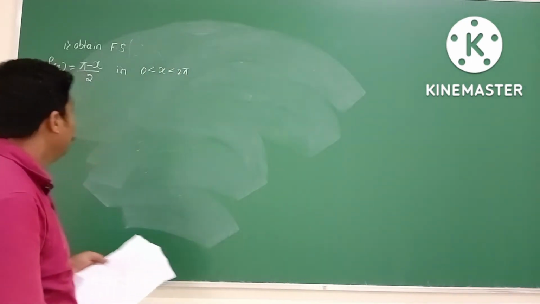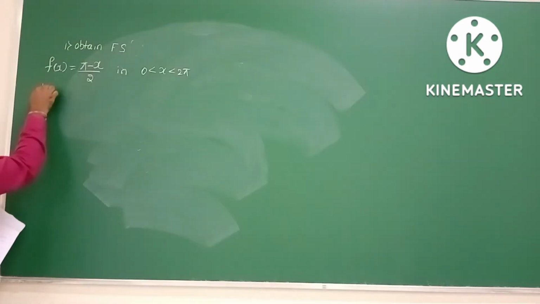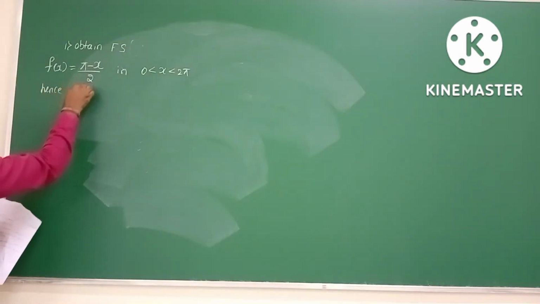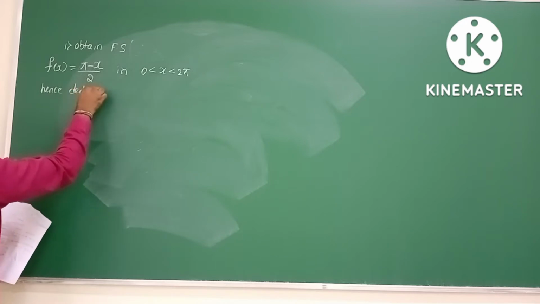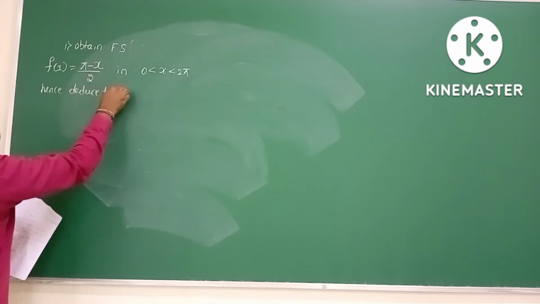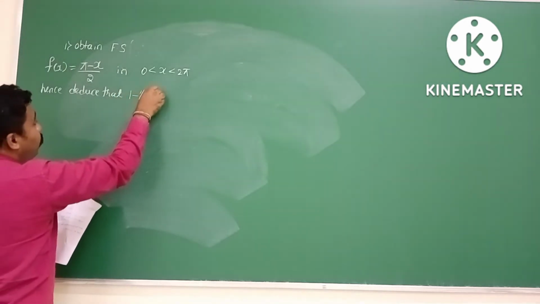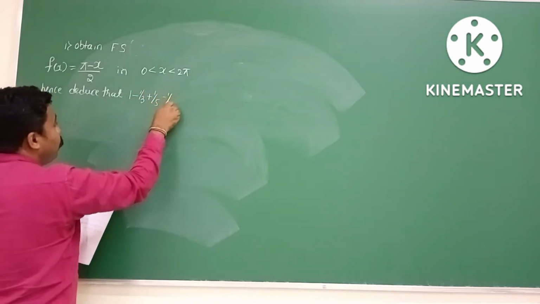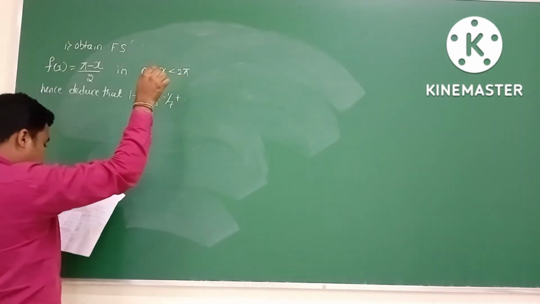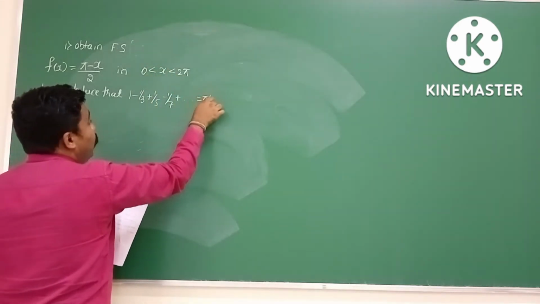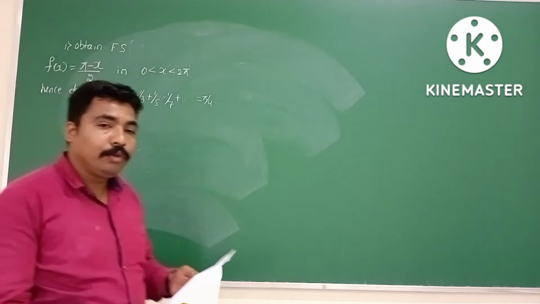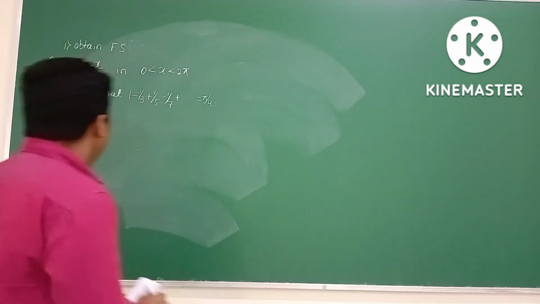Also deduce that 1 minus 1 by 3 plus 1 by 5 minus 1 by 7 and so on is equal to pi by 4.